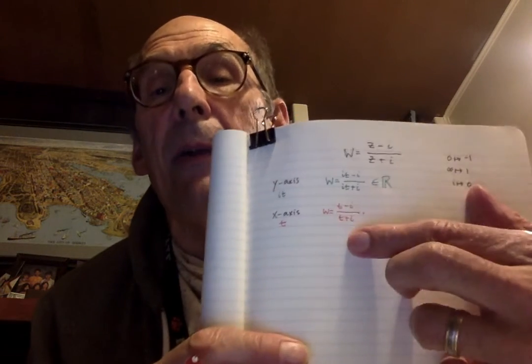And what we're immediately going to do is say, oh, we've got to rationalize this. And so let's do that. We'll just multiply top and bottom by t minus i. And so I'm writing that in. And then I'm going to do the actual algebra that goes with that.